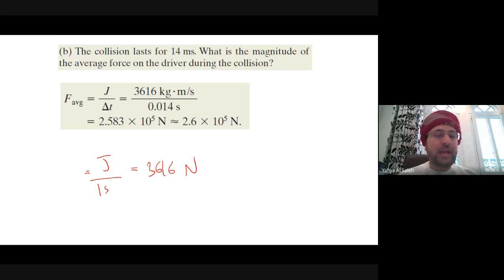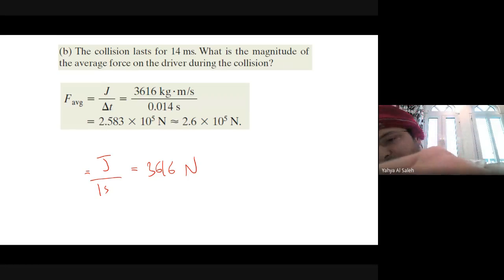So what happens is modern cars have something that we call the crumple zone, and it's actually a safety feature. You will notice that in most accidents of newer cars, the front side of the car actually crumples during the collision.